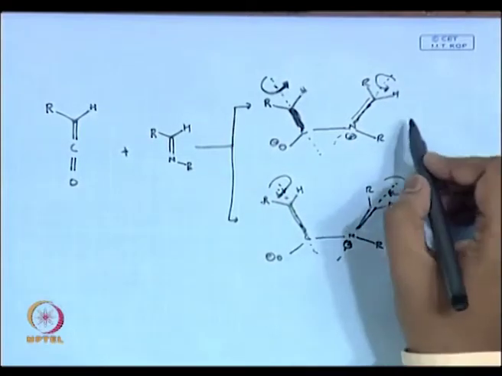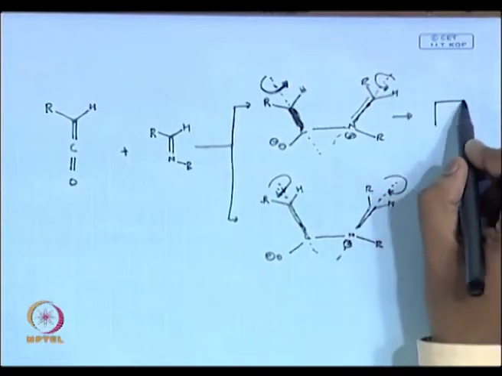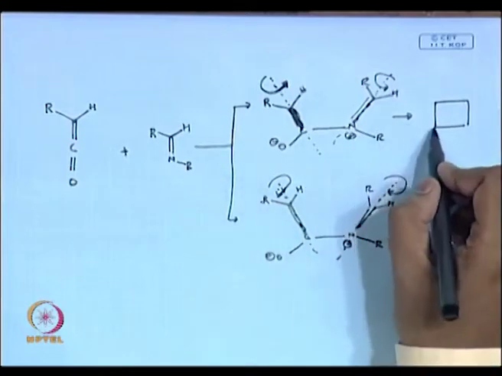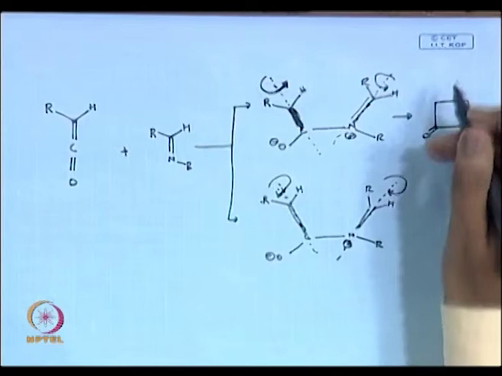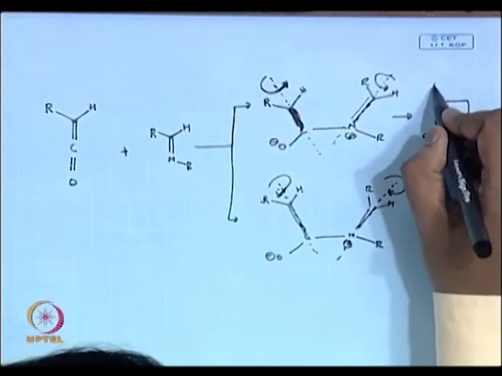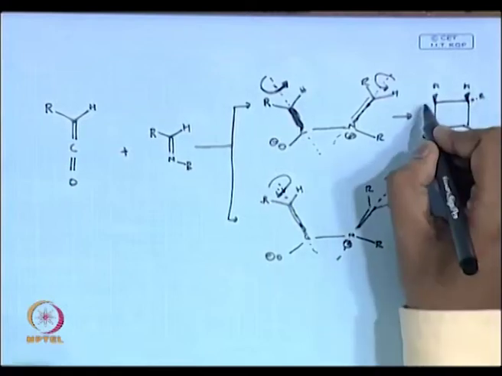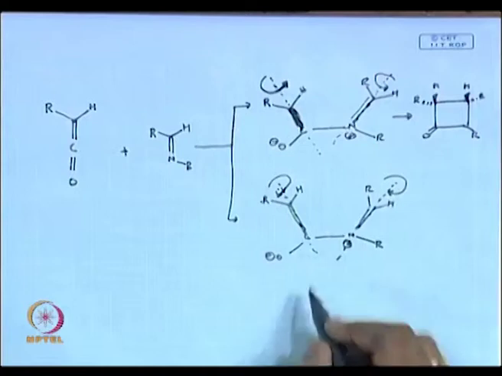So what product do you get here, if you want to draw it properly? If you rotate this, you have your carbonyl, your R, hydrogen out, and you have your R, okay, you get this product.